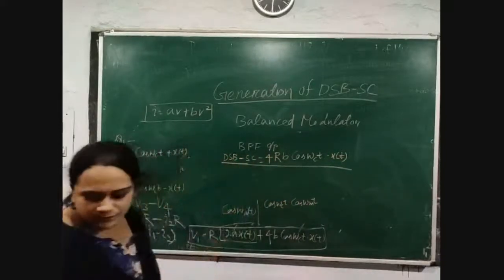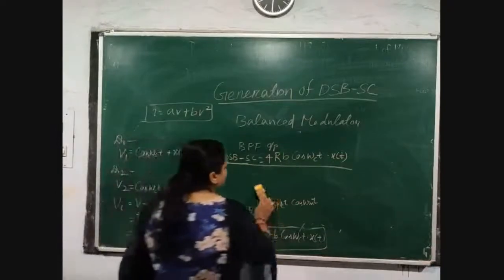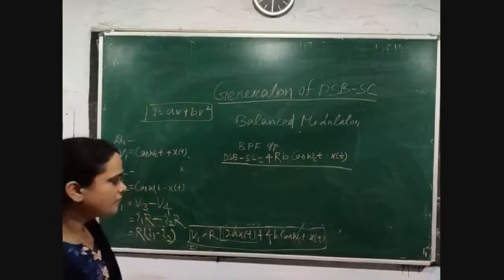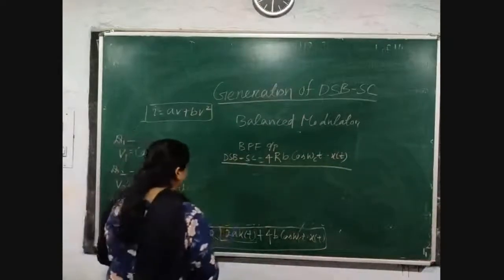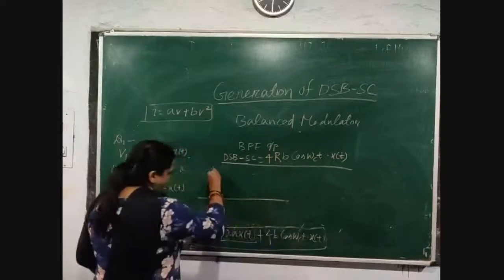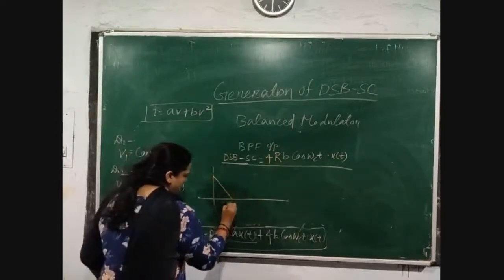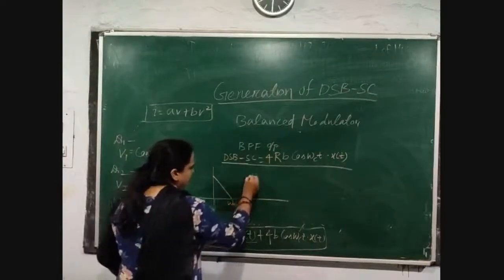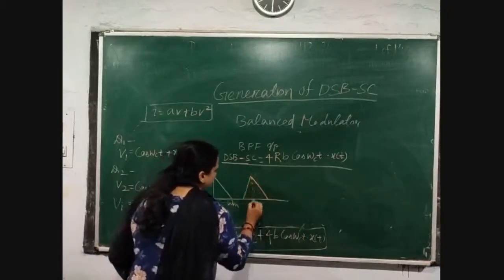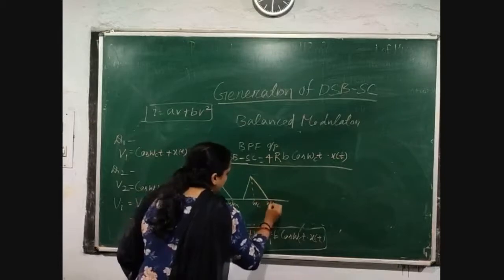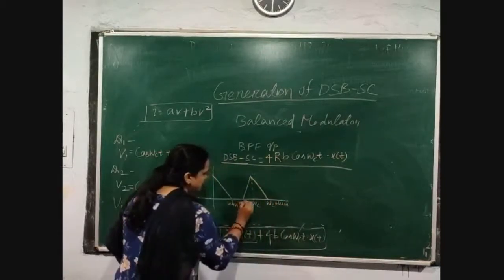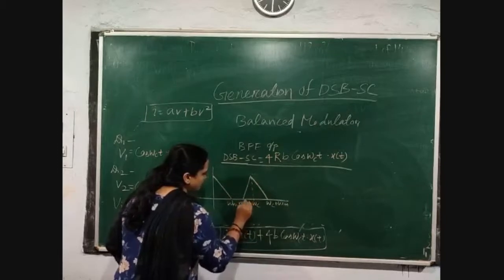Okay, if we draw the frequency spectrum at the output of the diode, then it looks like this: the first term, means omega m, then the second term is represented like this, that omega c plus omega m, omega c minus omega m.